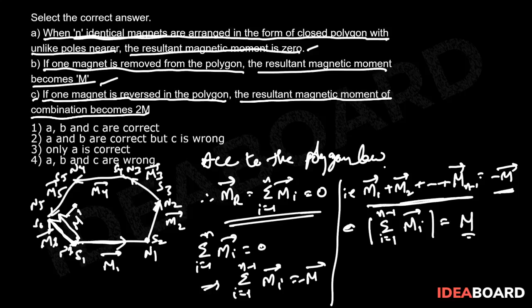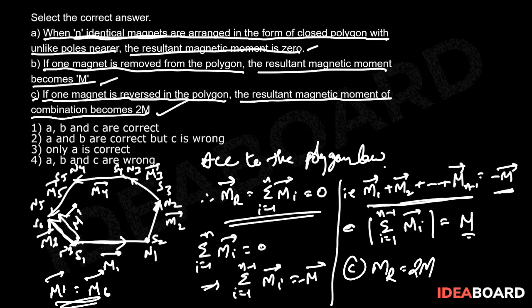Take this m dash vector; m dash and m6 are both in the same direction, and m dash has the same magnitude as m6. These both are equal in magnitude and in the same direction, therefore the resultant becomes 2m. So statement C is also correct.